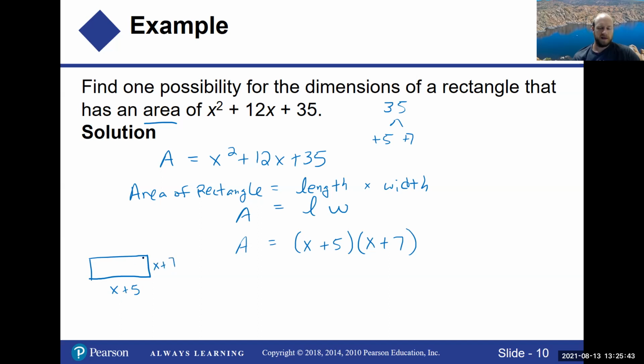By the way, I just have it drawn that the length is longer than the width. I could have switched these around. It doesn't really matter. Okay, so that is basically the answer. One possibility for the width could be x plus 5, and for the length x plus 7.